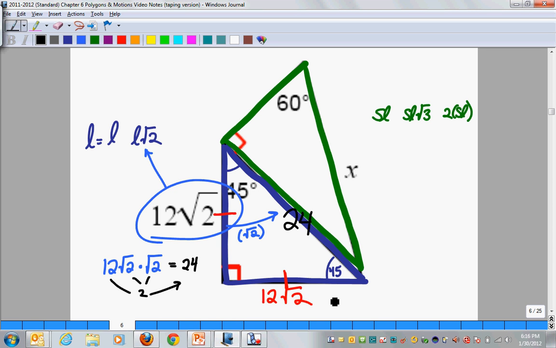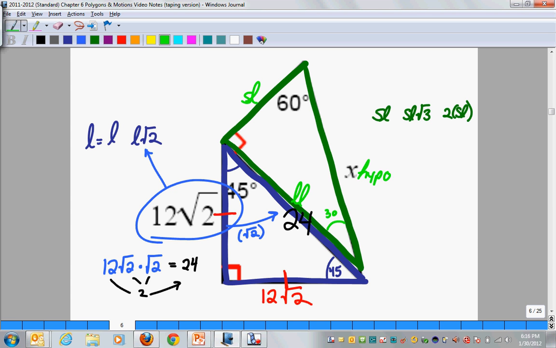Now that 24 in this triangle holds, if this is the 30, this was going to be the short leg position. That 24 is the long leg position, and our x is our hypo.